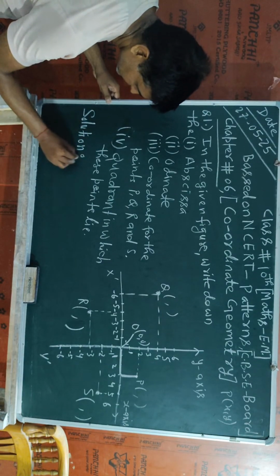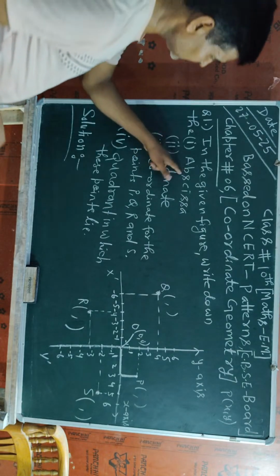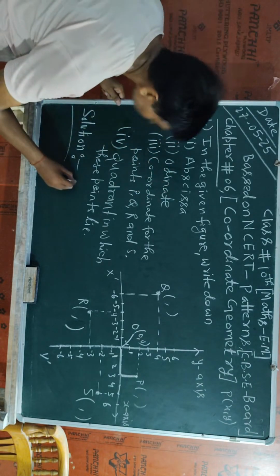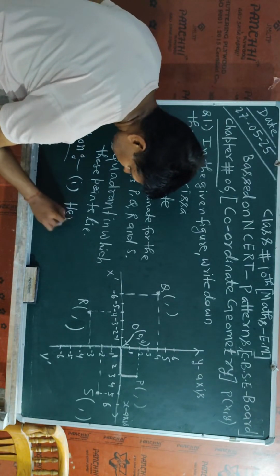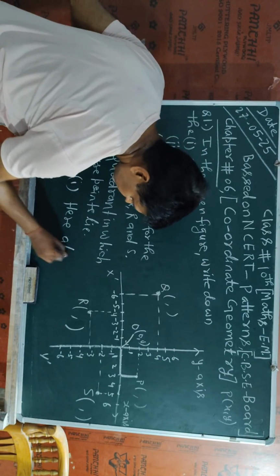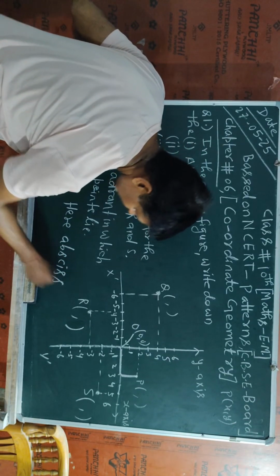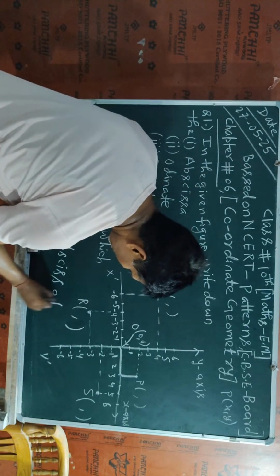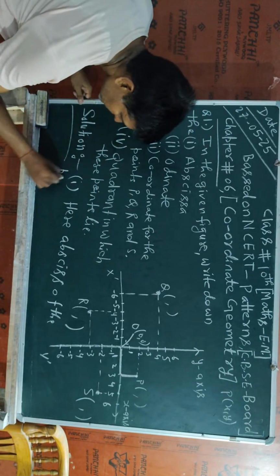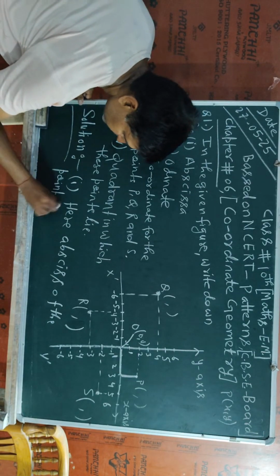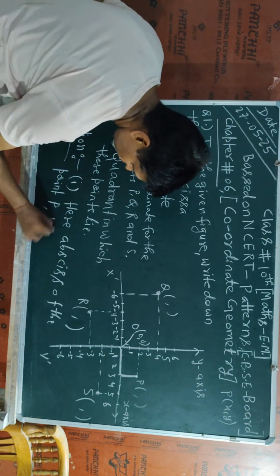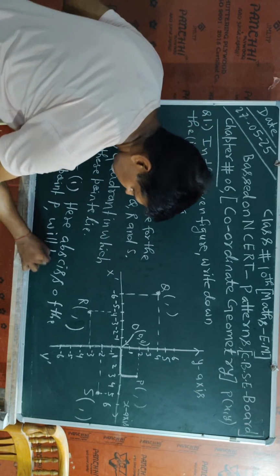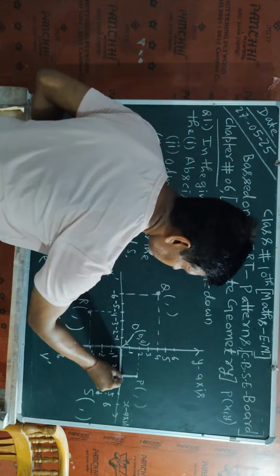Here I have to write the information about the abscissa of the point P. Here the abscissa of the point P, I will say, will be 3.